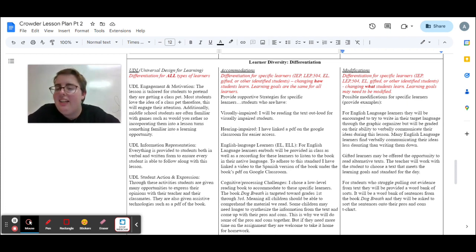And they'll be like, what? We're not getting a class pet? And I'll be like, no, we're going to read this book and you guys are going to decide if you would keep this animal as a class pet. And then they're going to be like, okay, fine. So I caught them, I grabbed them in and then crushed their dreams and then made them participate in English class. So it's a win-win for both of us.